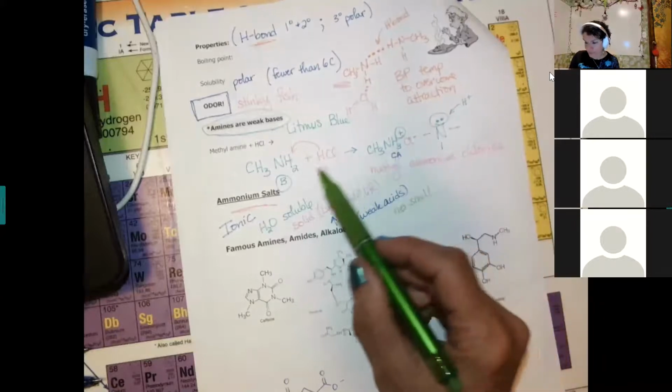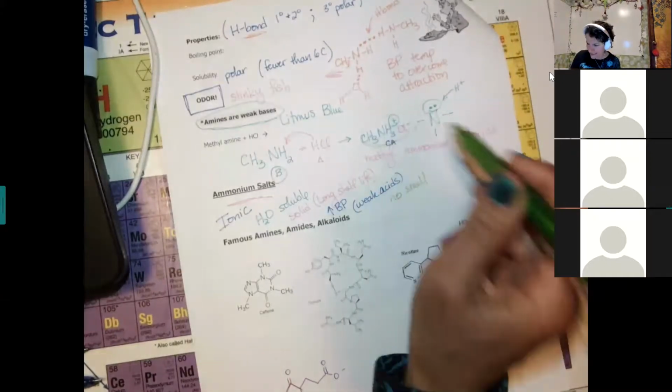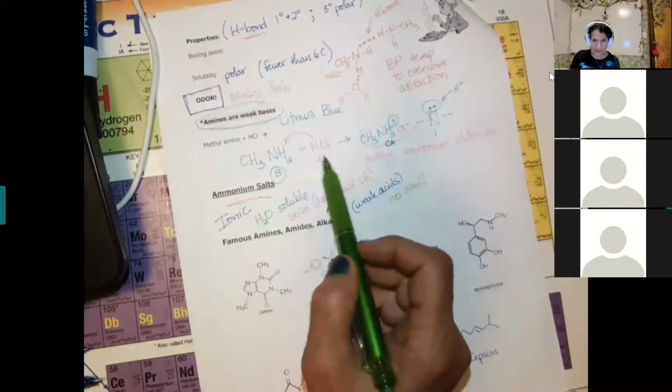And so on the sheet, how they would name this is methylamine hydrogen chloride. They show it like this, but the name that they give is methylamine hydrogen chloride or something like that. But they put it into the ionic form because it makes it soluble in our body, and a bunch of other properties and stuff.